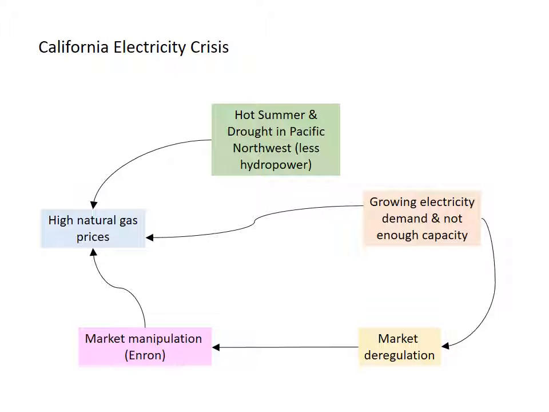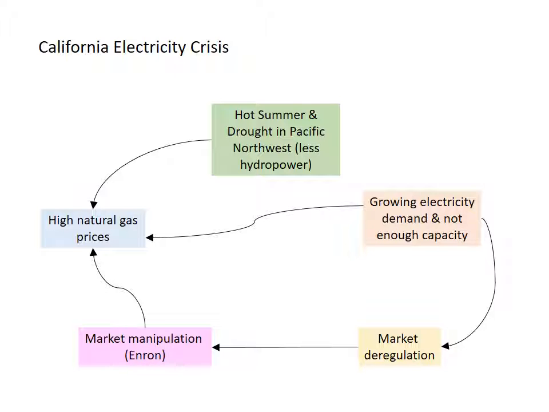So the ones that are connected by arrows, like, for example, a hot summer and a drought in the Pacific Northwest, which was the sort of weather and climate context for the California electricity crisis, directly put pressure on natural gas prices, right? So those things are somewhat related, as well as growing electricity demand and not enough capacity. That was sort of an institutional failure that again put high pressure on high natural gas prices.